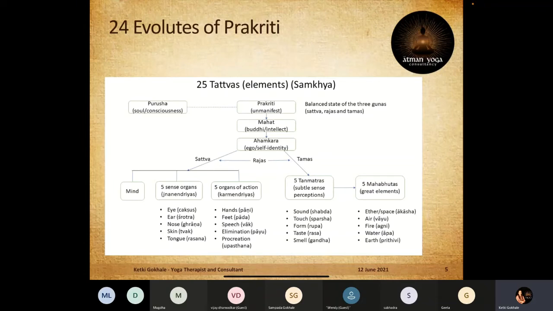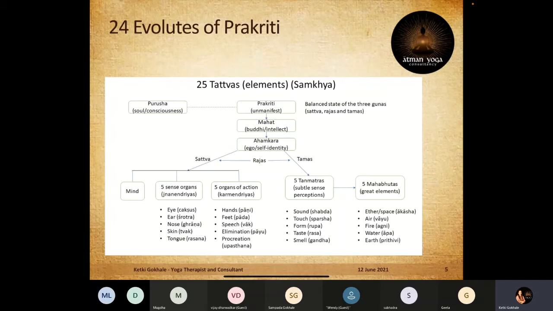When these five elements are in their subtle form, they are called Tanmatras. When Tanmatras manifest in the physical world, they are known as Mahabhutas or the Bhutas.